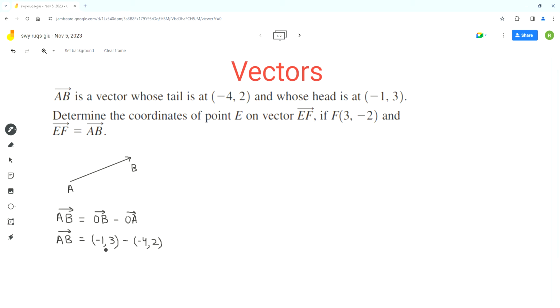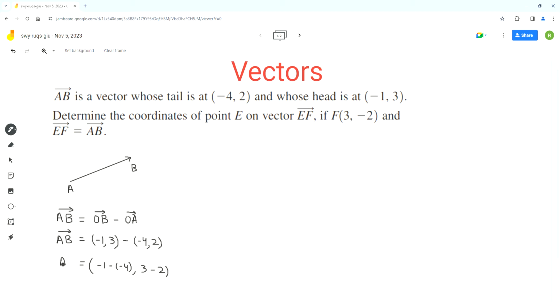Now we can subtract these two position vectors by subtracting their x components and subtracting their y components. So we do -1 minus -4, and then we do 3 minus 2.